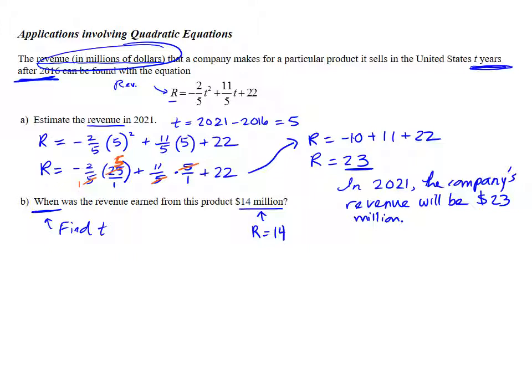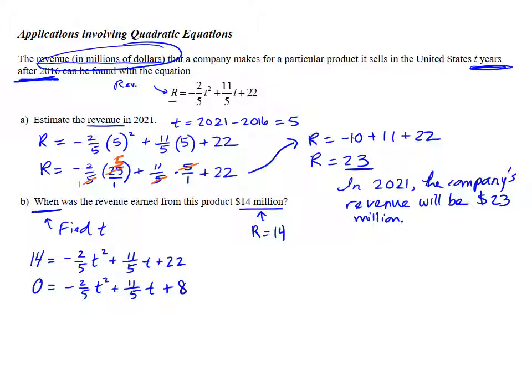So let's figure out when that would be. So I'm going to take this equation, set R equal to 14. So 14 equals negative 2/5 t squared plus 11/5 t plus 22. Now I want to get 0 on one side, so I'm going to subtract the 14 from both sides. 22 minus 14 is positive 8.